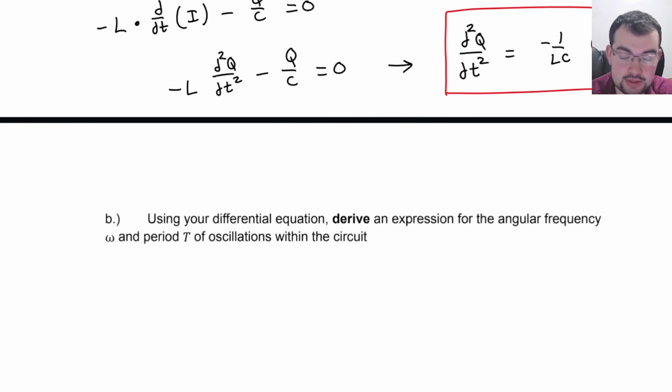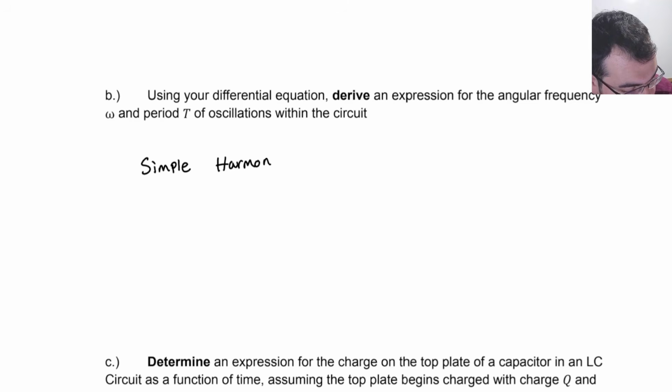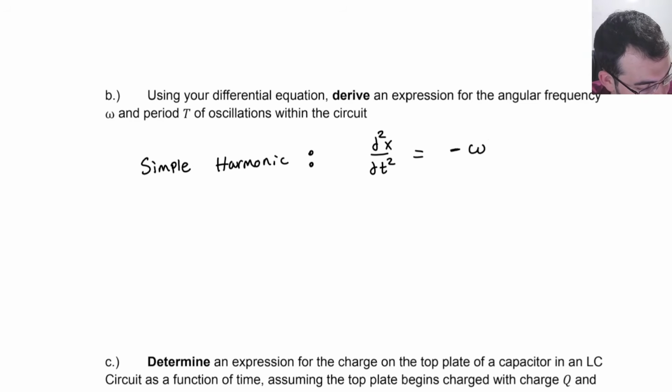Well, let's do that. So the angular frequency, well, we have to recognize that simple harmonic motion follows this form that says the second derivative is equal to a negative times a constant called omega squared times x.